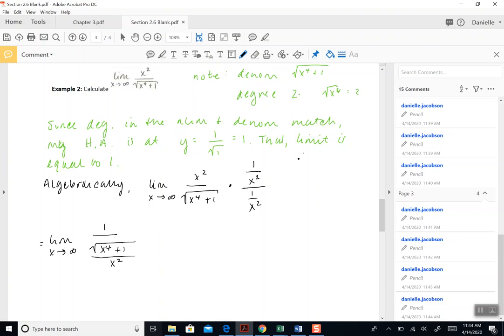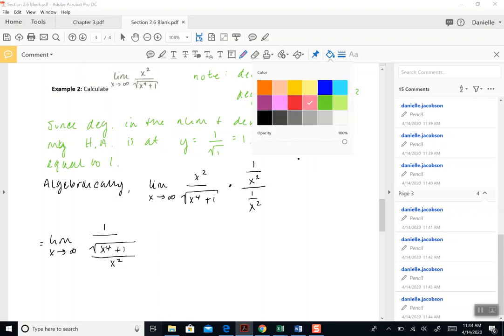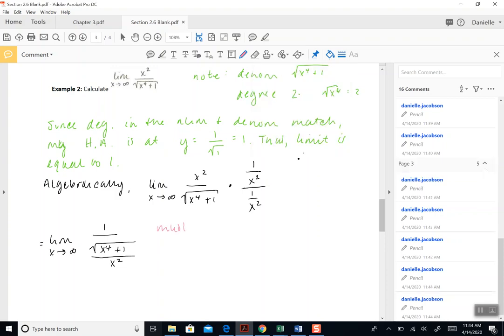All right, so some students will accidentally shove this x squared up into the square root. You can't do that. This x squared is not underneath the square root. The x to the fourth plus 1 is. So the first thing you have to do, write this out, is you must get x squared under the square root as well.